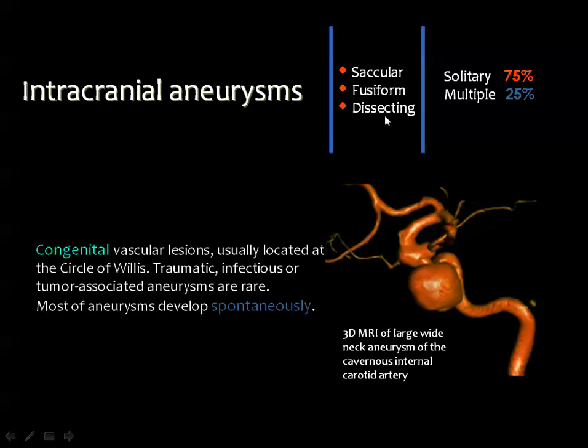Aneurysms may be solitary, and this is common in about 75% of cases, and may be multiple in about 25% of the cases. And the aneurysms may usually develop spontaneously, and in many cases they are asymptomatic until rupture occurs.